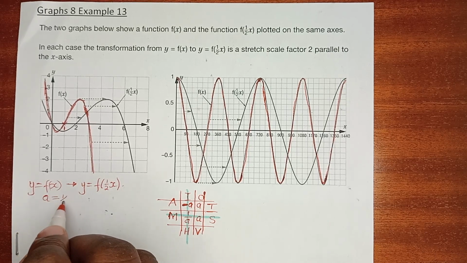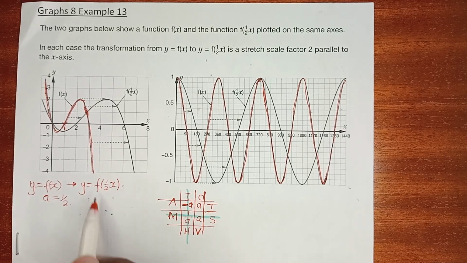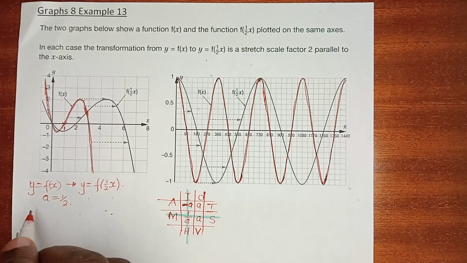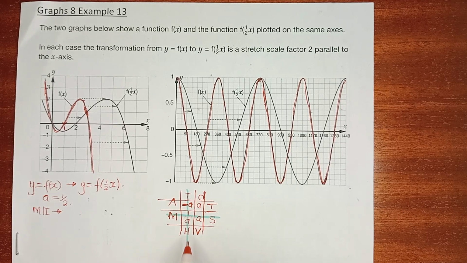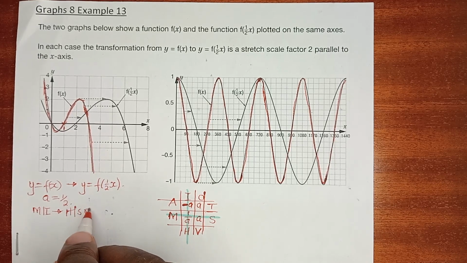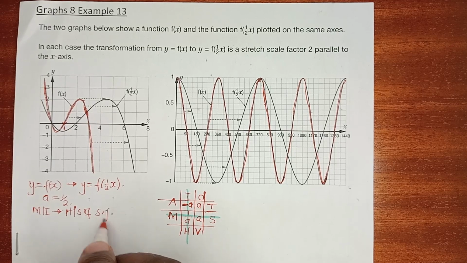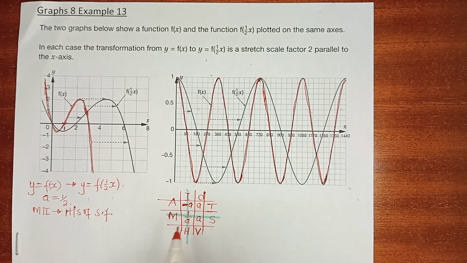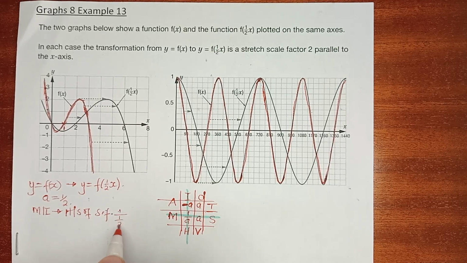Because we are having multiplication inside the bracket, which has been concluded to be horizontal stretch, and for stretch to be realized we have to multiply. It is multiplication inside, which is horizontal stretch of scale factor what? Scale factor 1 over a, which is 1 over a half.